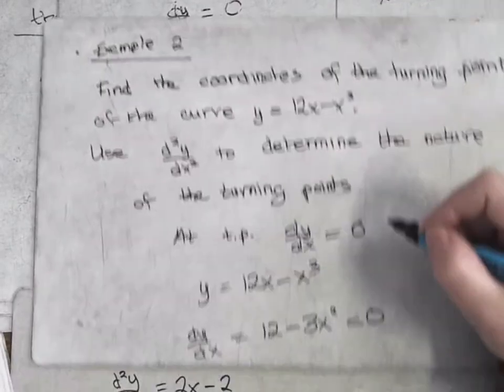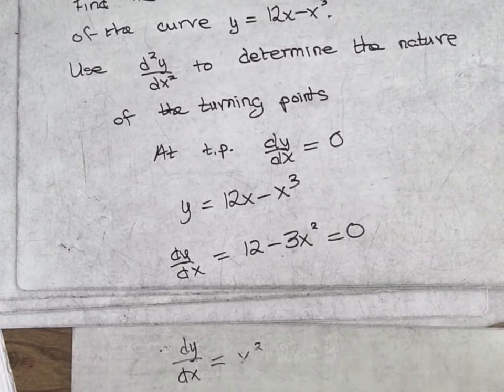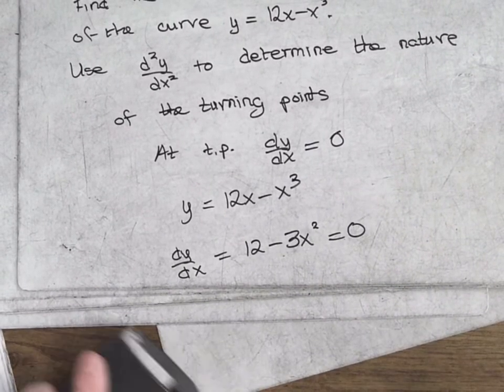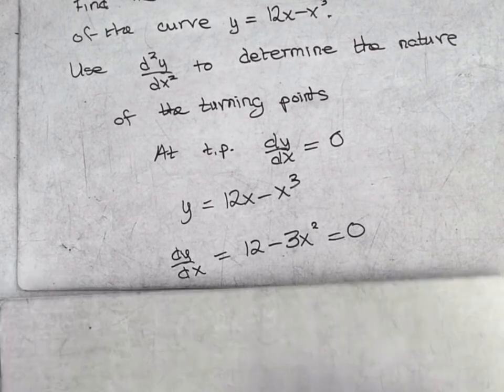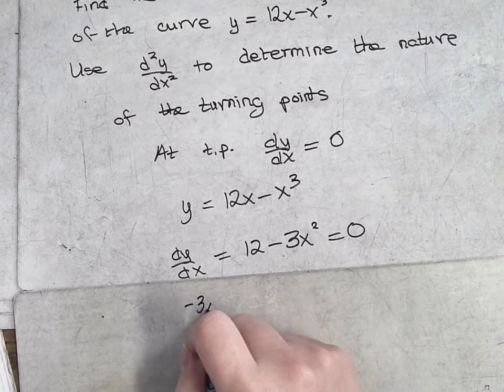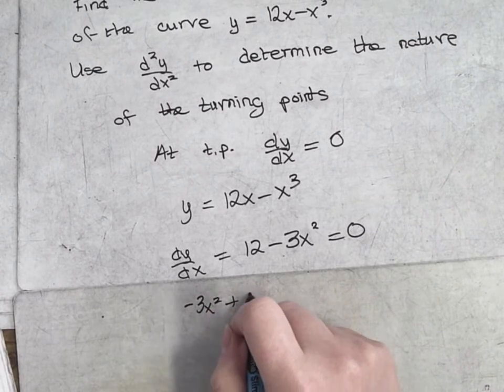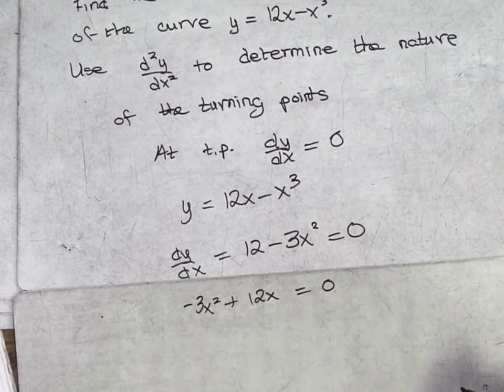Okay, so I'm going to rewrite it: minus 3x squared plus 12x equals 0. I've just written it in a different order.